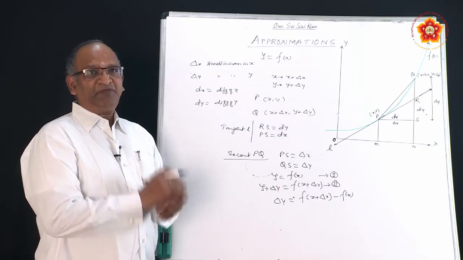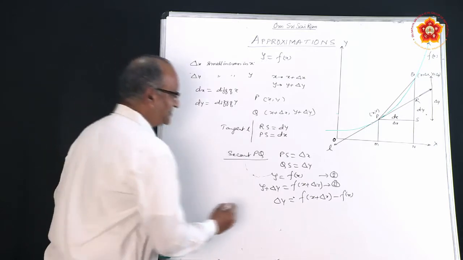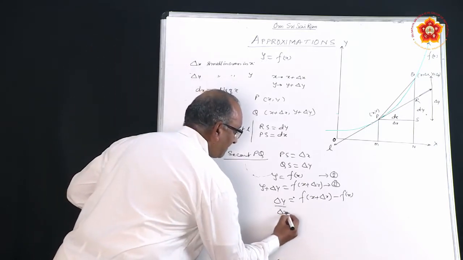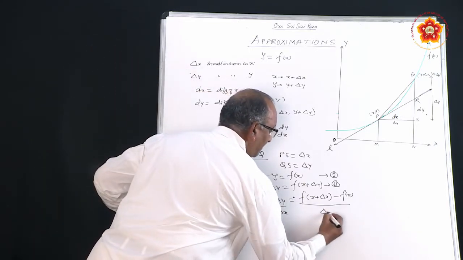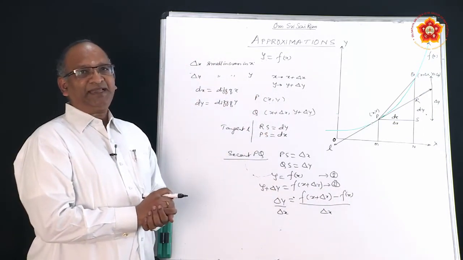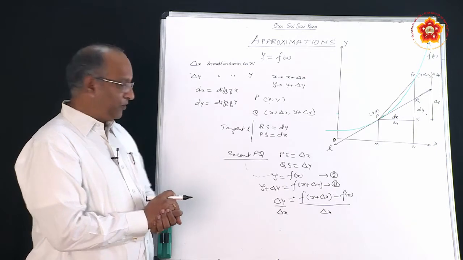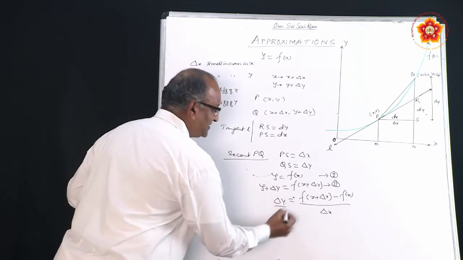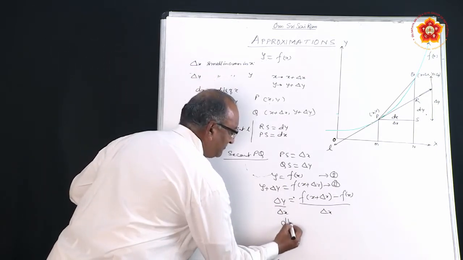The next step used to be that we divide both sides by delta x. And then when we proceed with delta x tending to 0, we know that the left hand side becomes dy by dx.